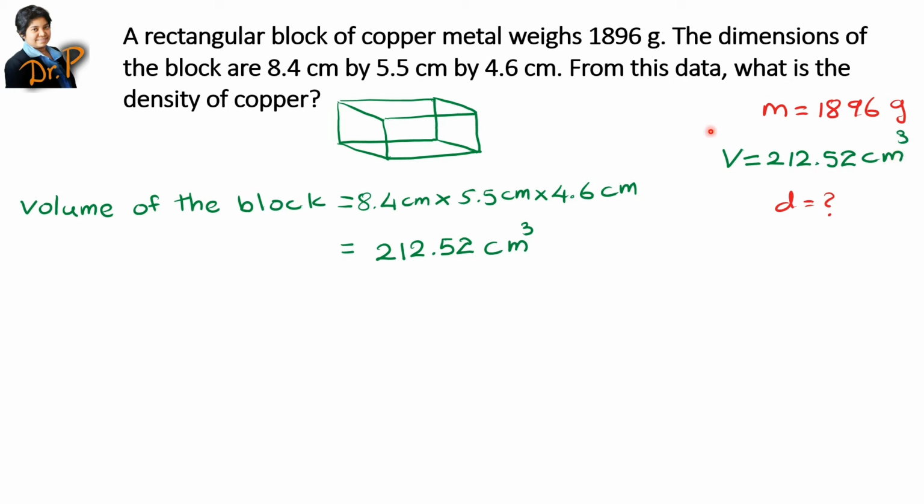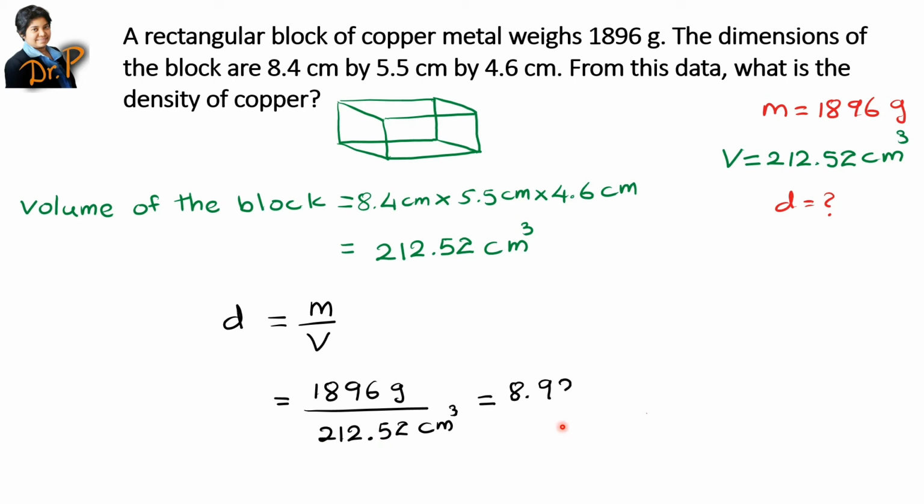Now we know what the volume is and the mass is, so we can easily calculate the density. What you need to do is get your density equation and substitute the mass value and the volume value. Now I'm going to do the calculation, and I'm going to get this numerical value with the proper units. Note what kind of units I have used.